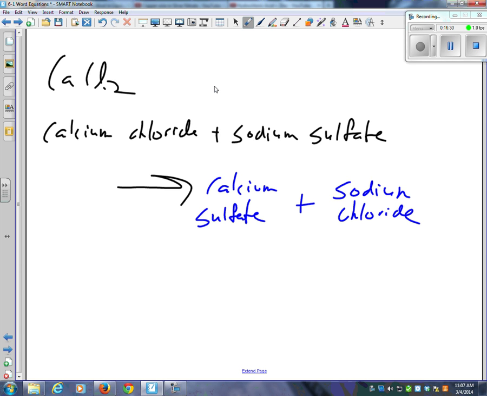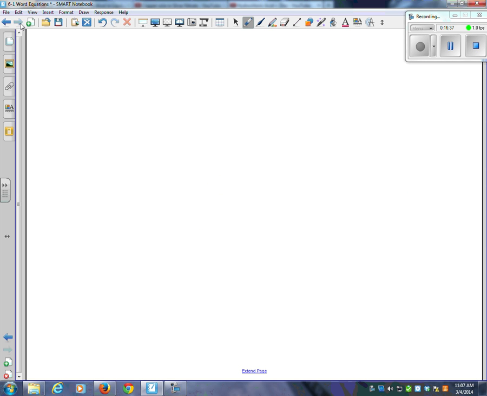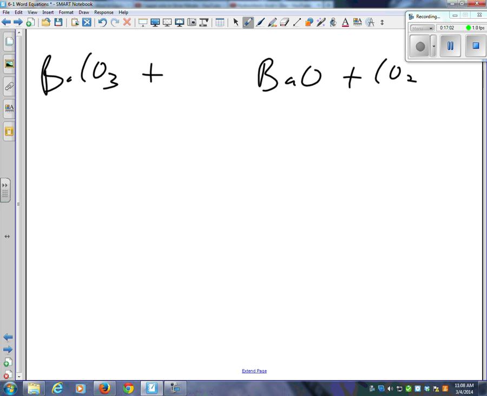Again, page 219, number 3, part B, BaCO3. Let's write it out. BaCO3. And the next one is, reacts when heated to produce BaO and CO2. It reacts when heated.